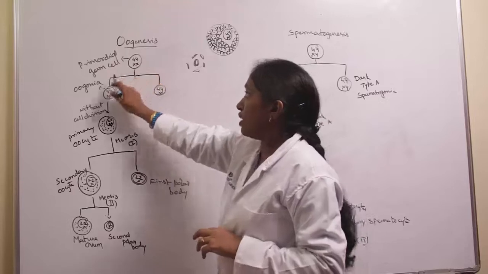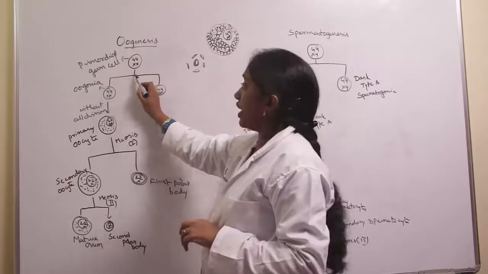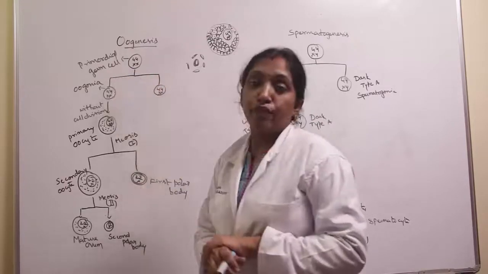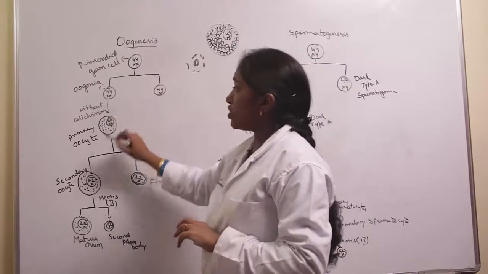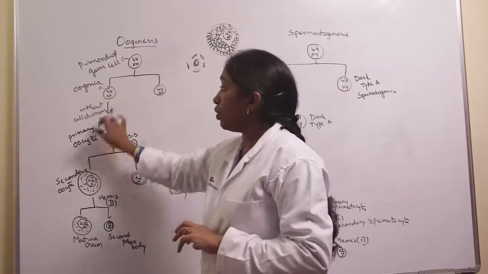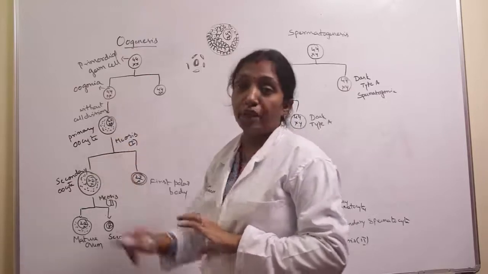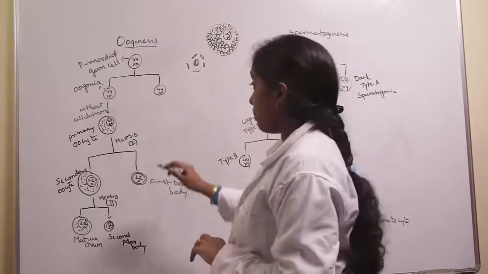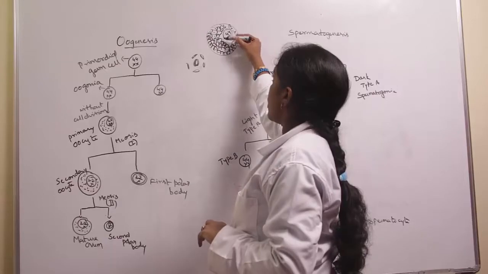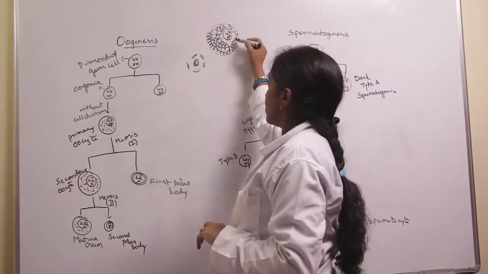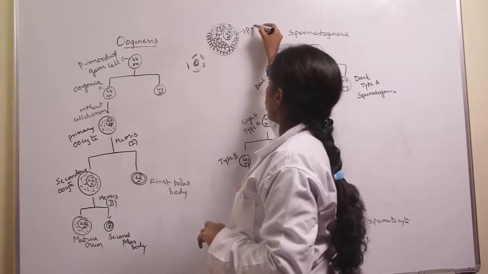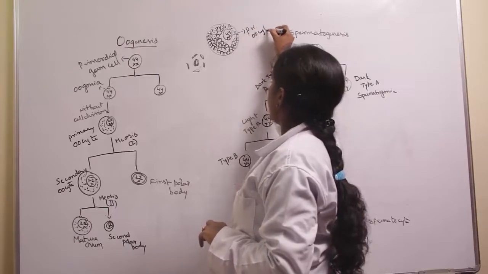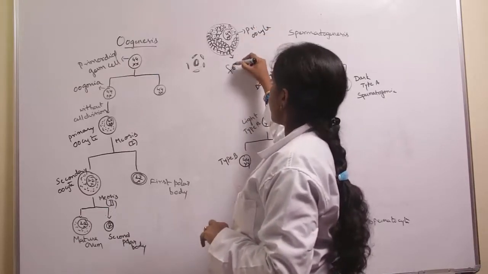First of all, the primordial germ cells undergo mitosis and form oogonia, and the oogonia, without cell division, are transformed into primary oocyte. The primary oocyte is surrounded by follicular cells.